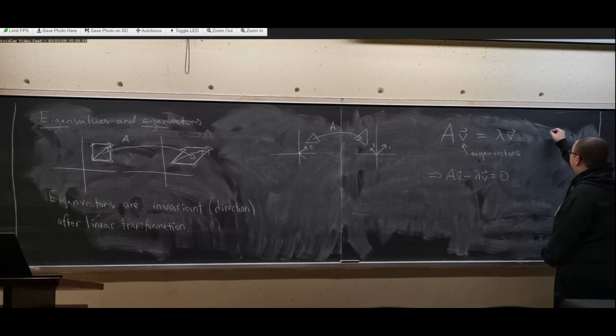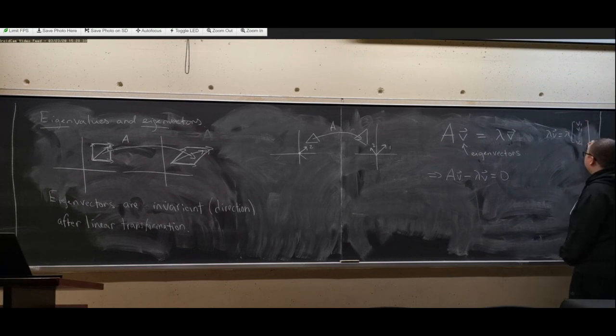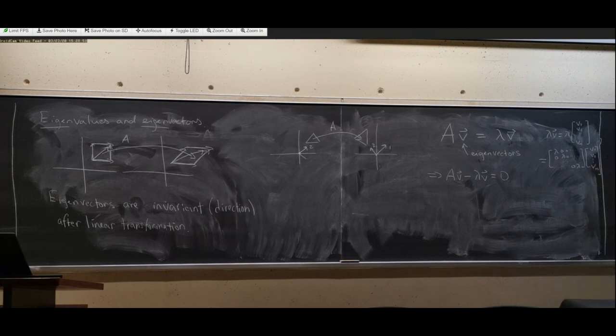Well, recall lambda v, what does this equal? Well, this equals lambda times (v1, v2, and so on all the way to vn), right? And this is actually also equivalent to the matrix with lambda on the diagonal and 0 elsewhere, times (v1, v2, all the way to vn). Right, it is also equivalent to talk about it this way.